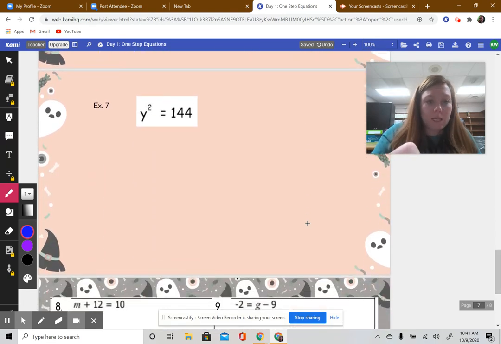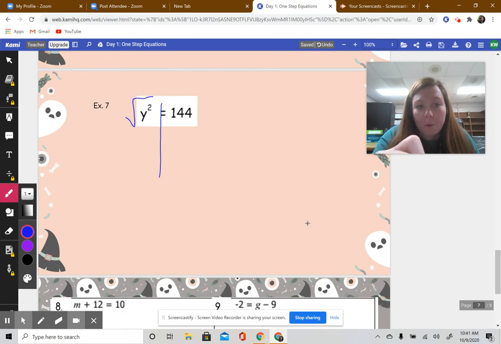Now, this one's crazy. This one says y squared is equal to 144. So remember when we took notes earlier, the opposite of squaring something is square rooting something. So I just need to get rid of that exponent of 2. So what I'm going to do is put a square root around both sides.